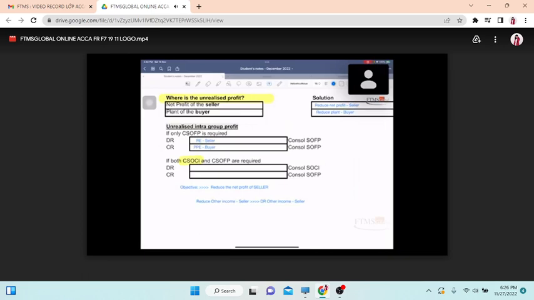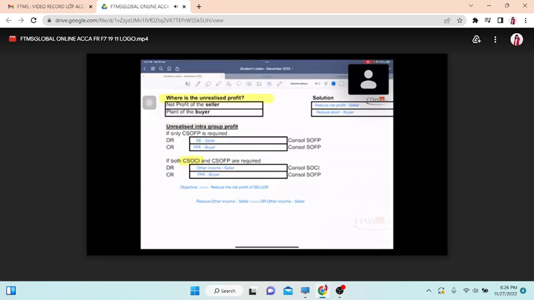If you're asked to do a P&L, the debit, of course, will be your other income, seller, and the credit will still be the same. Okay, so that's the first part.